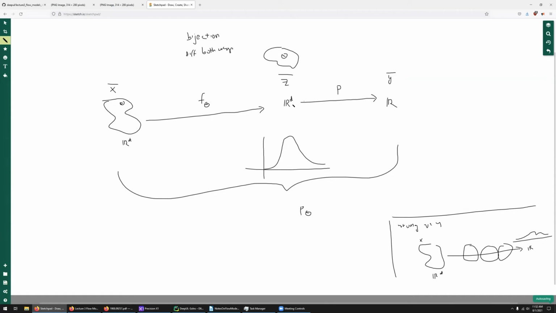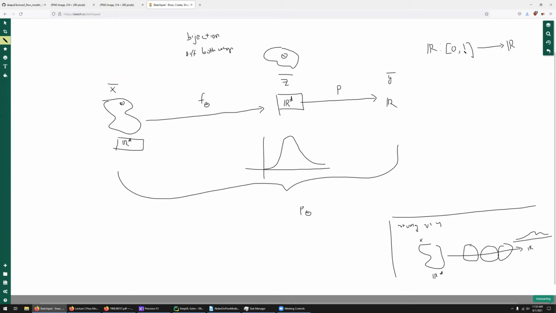The main idea here is that this R^D and this R^D just have to be diffeomorphic. They don't have to be exactly the same, just the right dimension. In the homework, the subtlety is that this probability is uniform, so it goes from the 0, 1 interval to R. Our distribution comes from R, but this only comes from 0, 1.